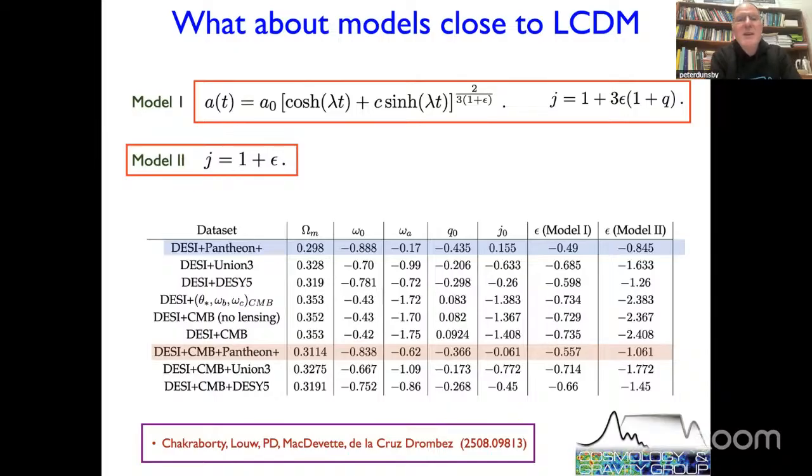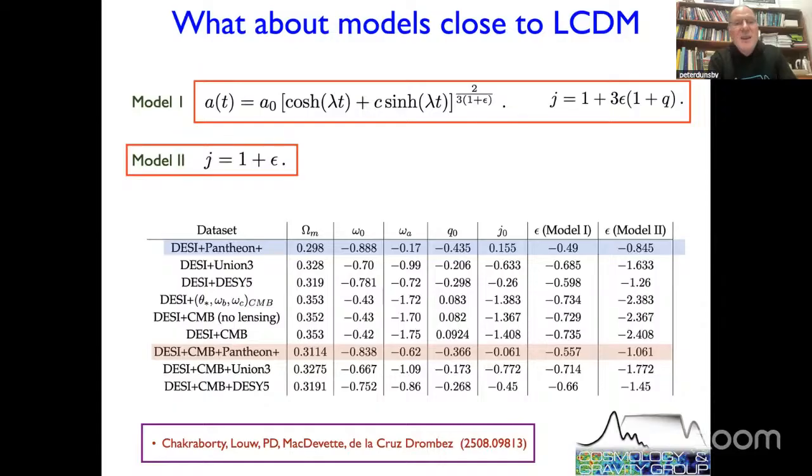Then we used the recent DESI results to see whether we could constrain epsilon, to see whether DESI would give us an epsilon compatible with lambda CDM. If we do live in a lambda CDM model, then the data should tell us that the expansion history is lambda CDM.